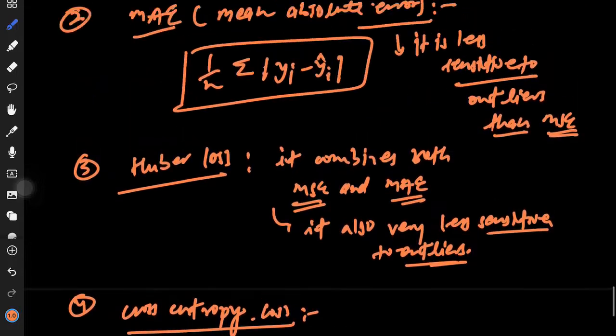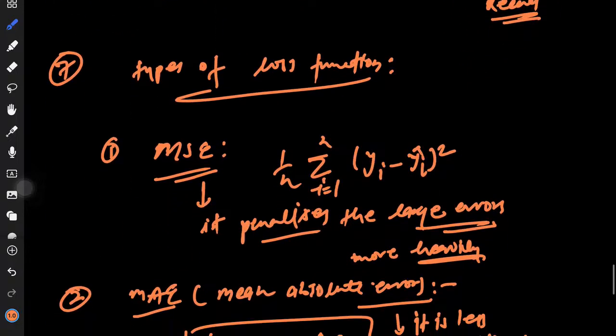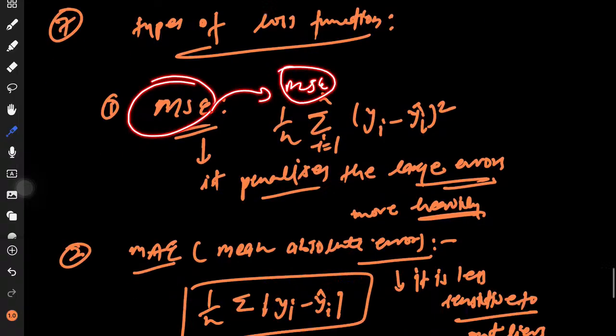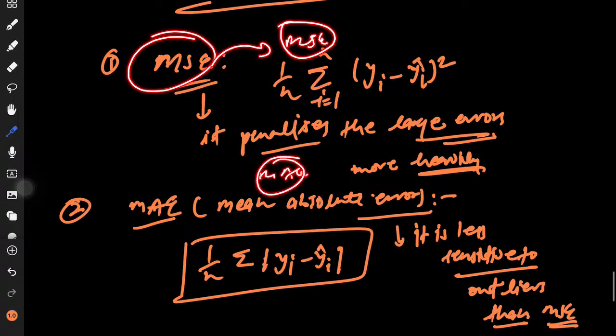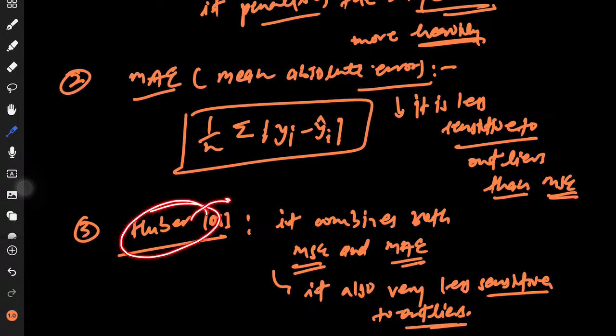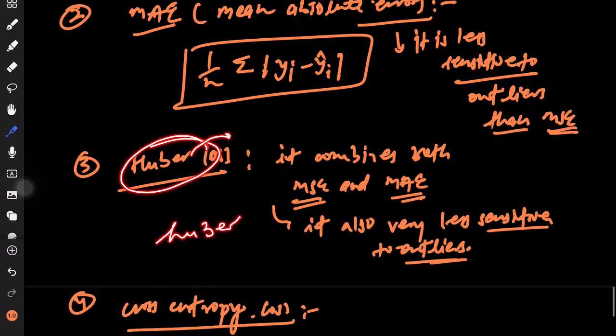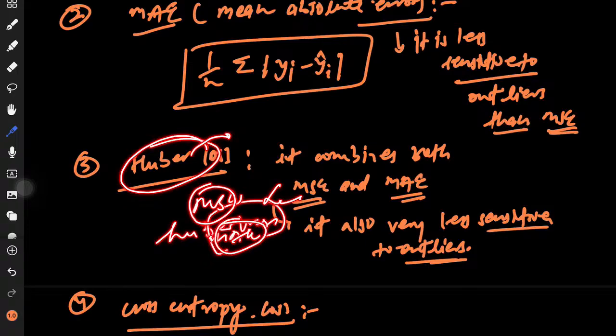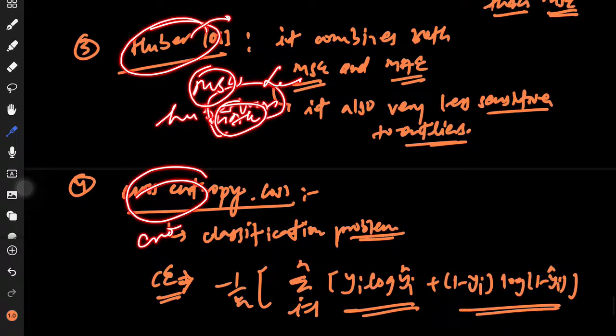So these are the techniques we can use for our loss function. The first one is MSE, which is mean squared error. Then the second one is mean absolute error, where we are using modulus of differences. Then we are using Huber loss, which is a combination of both MSE and MAE. Then we are using cross entropy function, which is used in classification models, basically in logistic regression model.